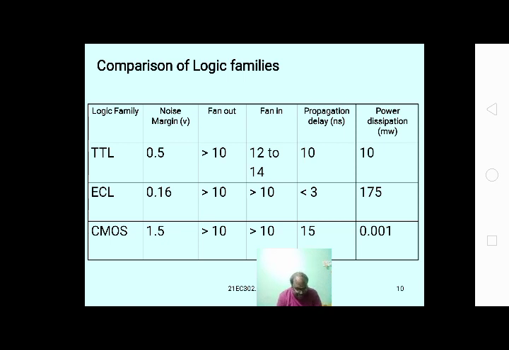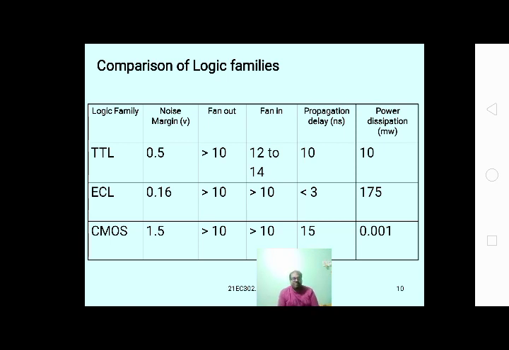Now for ECL. ECL noise margin is 0.16 and noise immunity is poor. Fan out is greater than 10. Fan in is greater than 10. Propagation delay in nanoseconds is less than 3.